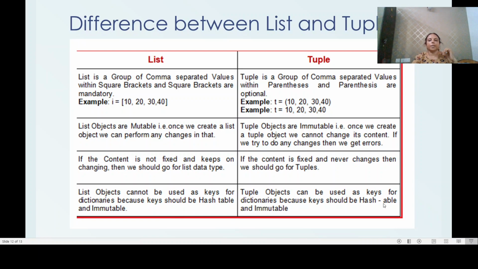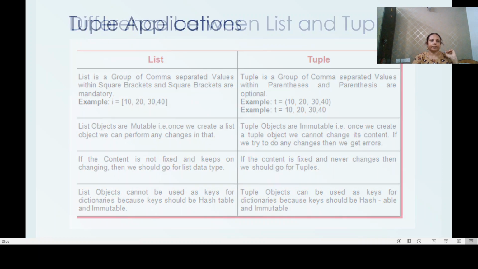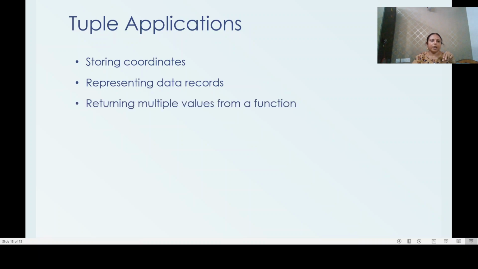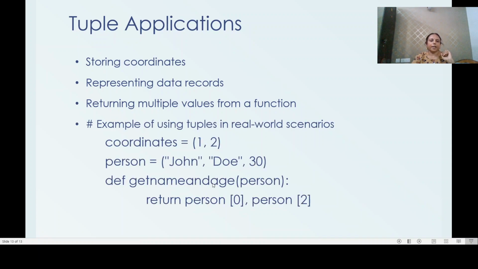But tuple objects can be used as keys for dictionaries because they are immutable. Some of the applications: for storing coordinates, we can use a tuple, and for representing data records. And if you want to return multiple values from a function, then you can use a tuple. These are some ways you can use tuples in real world scenarios.